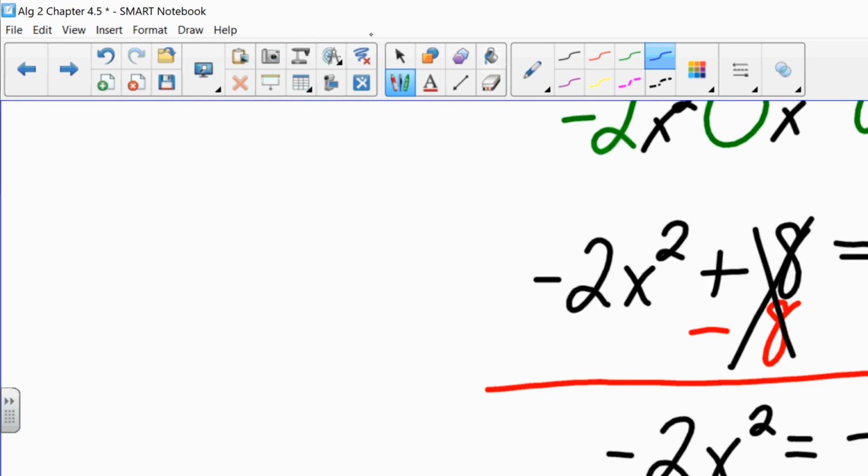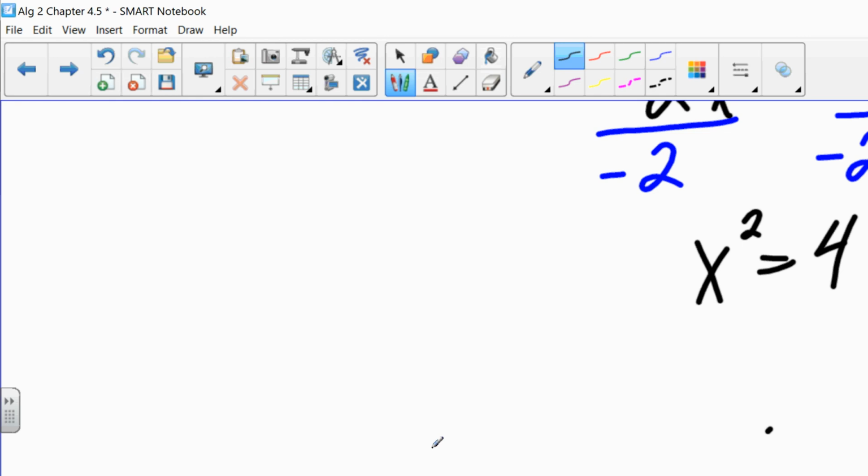Then what would we do next? Divide both sides by negative 2. x squared is equal to 4.